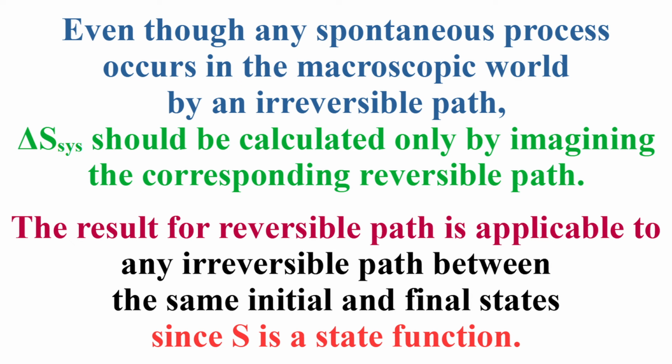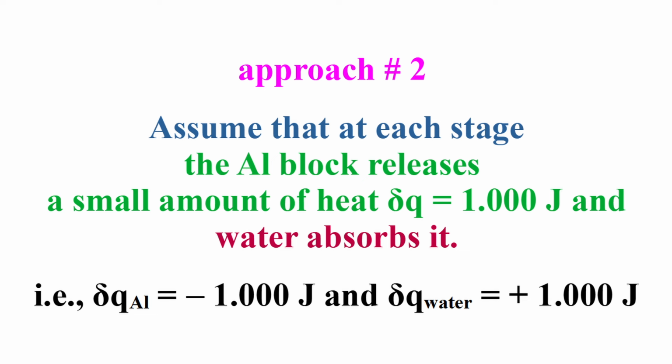The result so obtained for the reversible path is then applicable to any irreversible path between the same initial and final states, since S is a state function. Now, we will take up the discussion of approach number 2 in this analysis and apply it to the same trial 3 of the heat flow experiment.